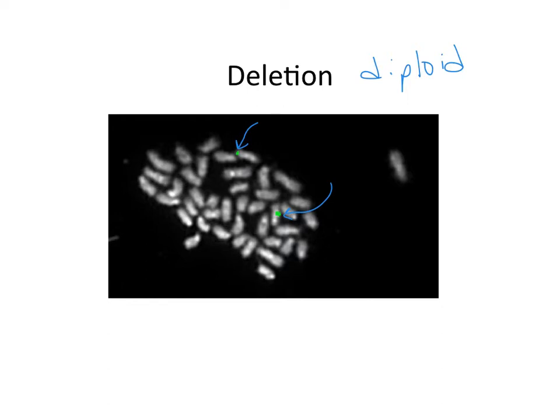But you'll notice that if I diagram the chromosomes like this, on one of the chromosomes, the one in the upper half of the figure, the FISH signal, which I'm going to denote as a black asterisk, is at the end of the chromosome. On the other chromosome, where there's a FISH signal, it's in the middle.